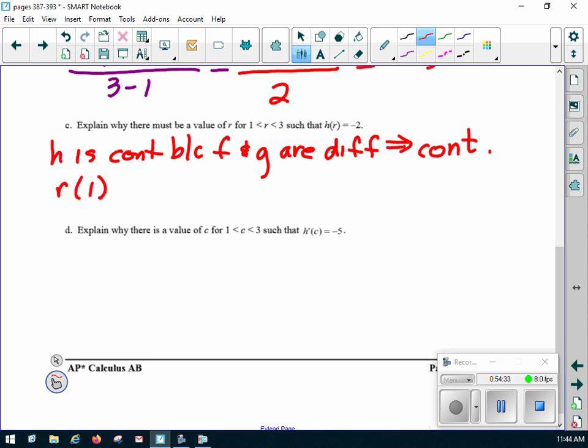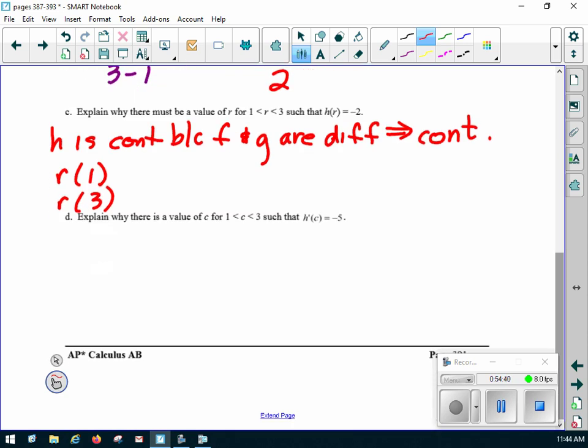What's h of 1 and what's h of 3? H of 1 is 3, you said? And h of 3 is negative 7. Is the y value we're looking for between 3 and negative 7?